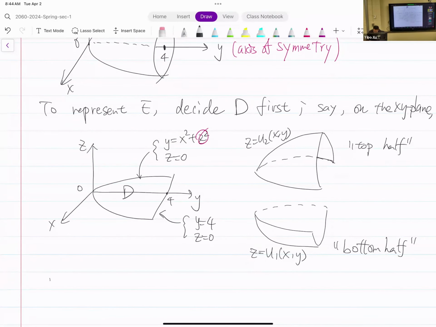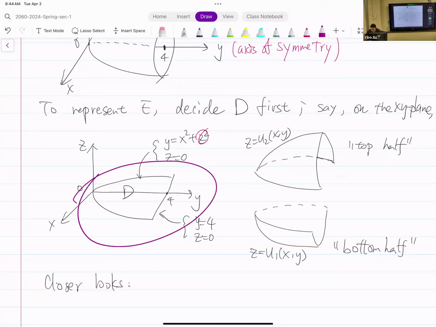Now a close look. So the idea is not so complicated, but still we need two things. We need the explicit description of the region D, and we need the descriptions for u1 and u2. Okay, so we will get them by solving certain things.